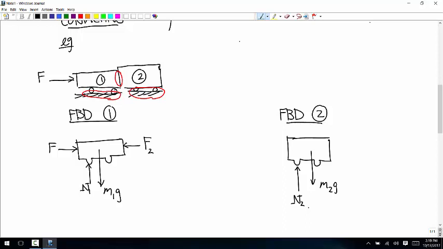There is nothing happening over here, nothing happening on top. And then when we get over here, there's a force applied to cart 2 by cart 1. So there's a force like that. I'll call it F3.